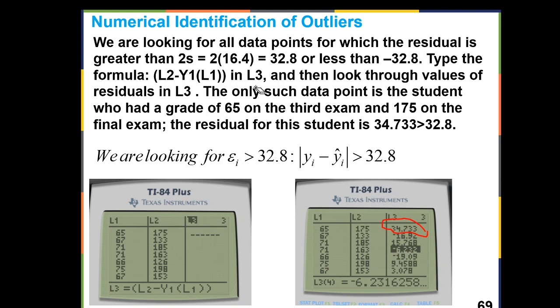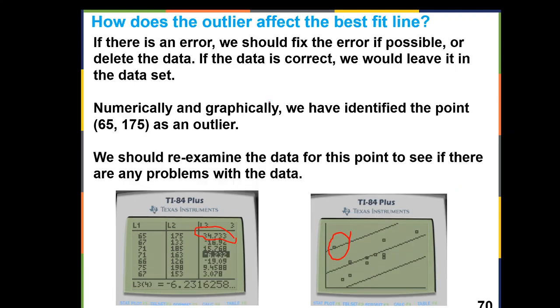Now, the question is, if it's an outlier, why is it an outlier? Did somebody make a mistake? Or is it really an outlier? We have to decide on that. You can't just throw it away because it's an outlier. We have to go back to the data and see if somebody made a mistake. If there is a mistake and we are sure, then we can consider that to be a mistake and we're going to delete it.